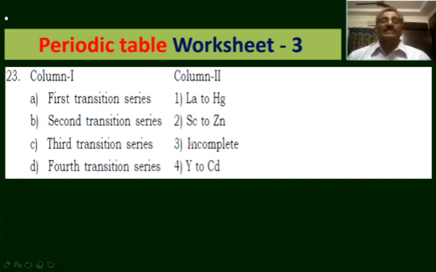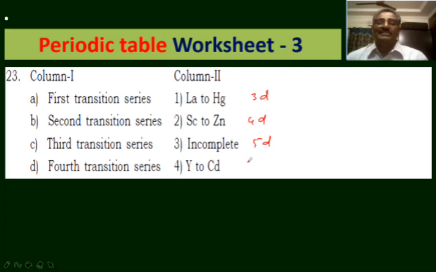Next, 23rd question is also a matching type question. First transition series is 3d series. Second transition series is 4d series. Third transition series is 5d series.